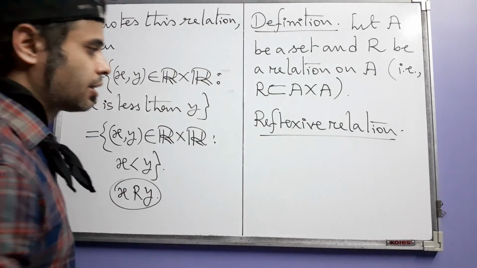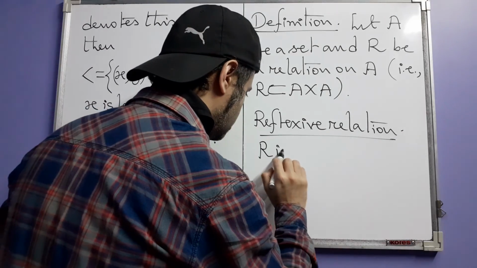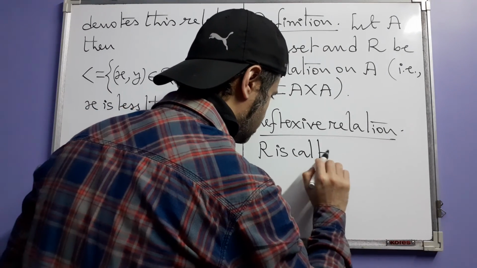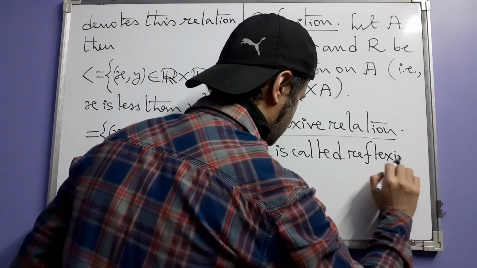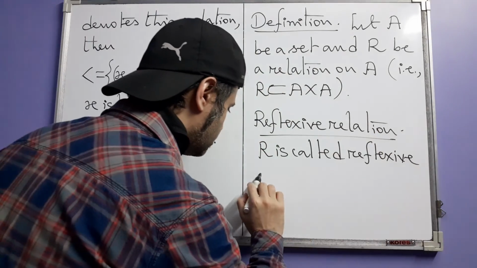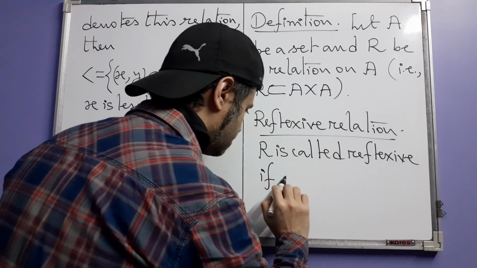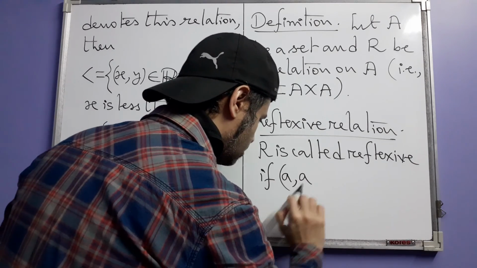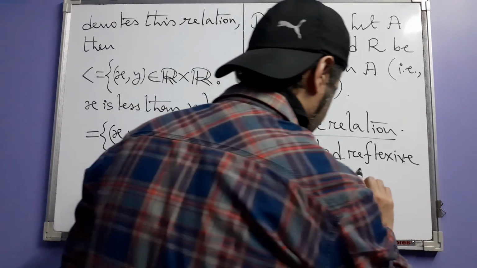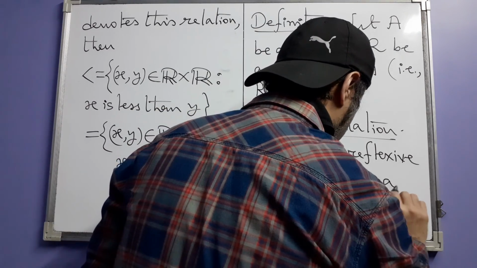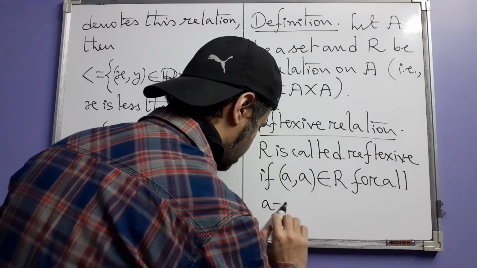Such a relation R is called reflexive if (a, a) belongs to R for all a belonging to A.